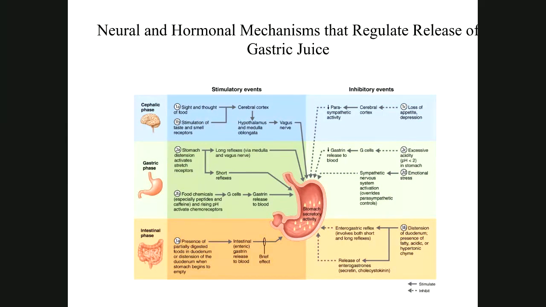So let's take it very easy. The HCl and the digestive enzyme secretions are secreted in response to vagal nerve stimulation. The gastrin secretion is stimulated by stomach distension, small peptides, and vagal stimulation.